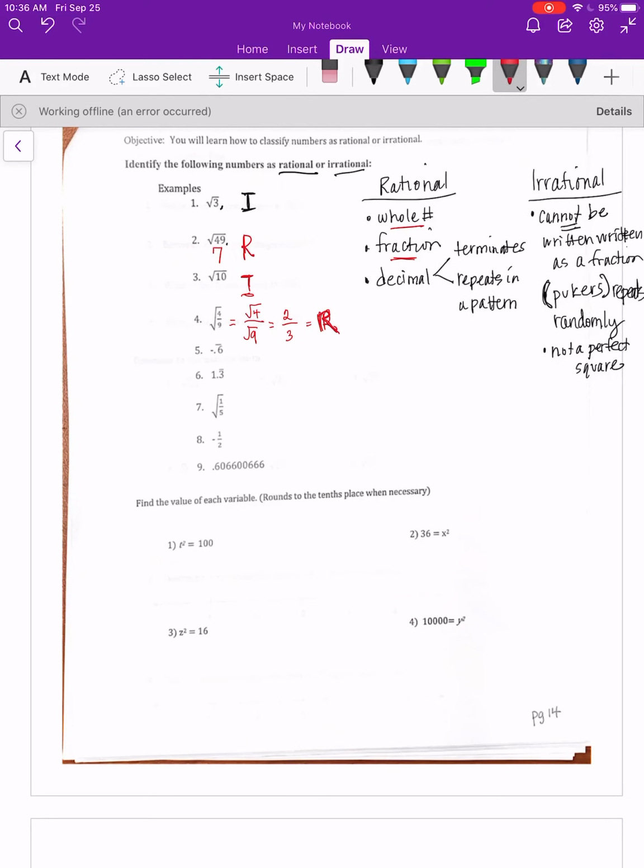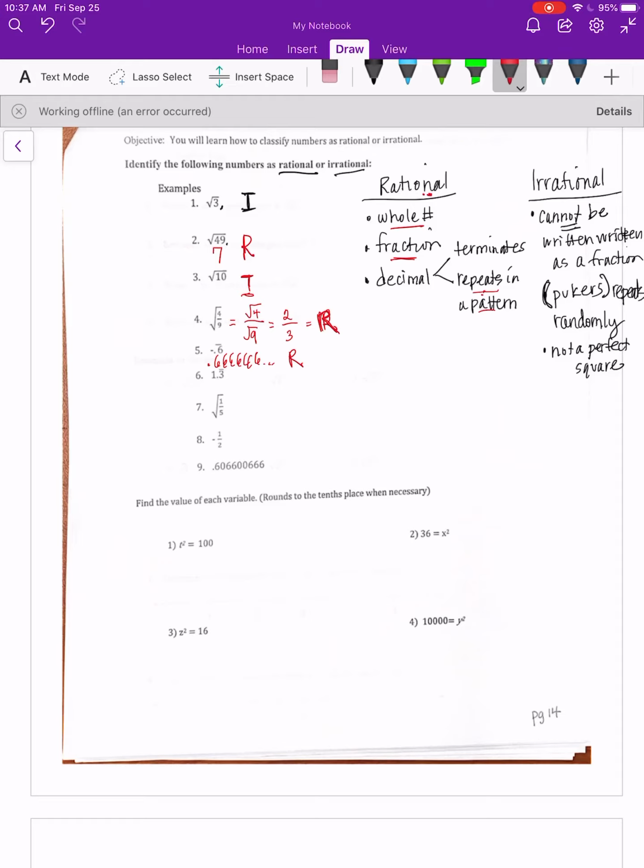Negative 0.6 repeating. That's a decimal. And does it repeat in a pattern? It does. It's 0.66666666. So it repeats in a pattern. That makes it rational. All right, I'd pause the video, try the next 3 out, and then play the video again and see if you got them right.